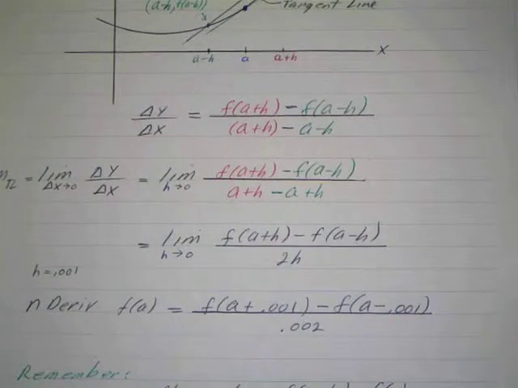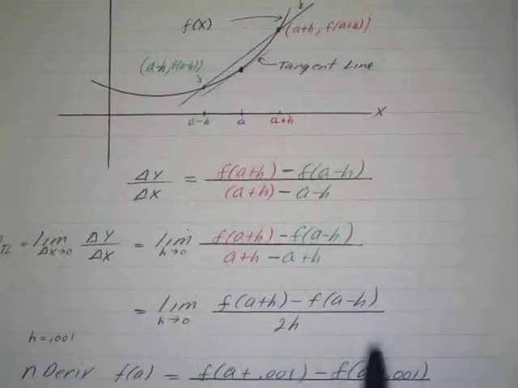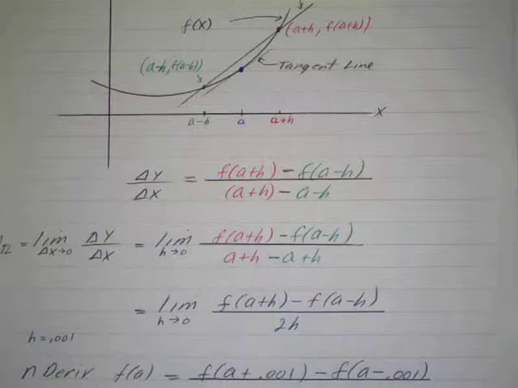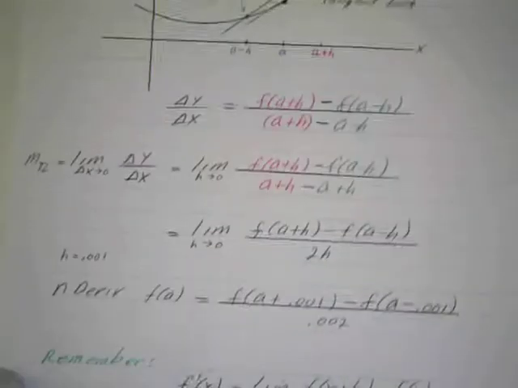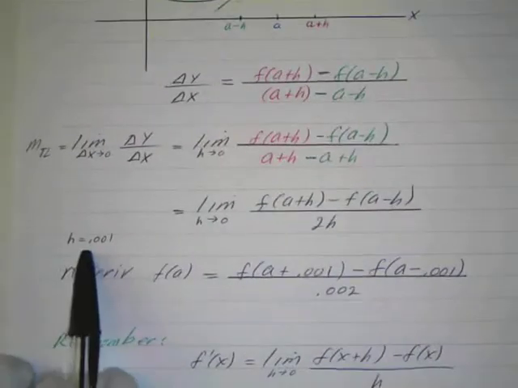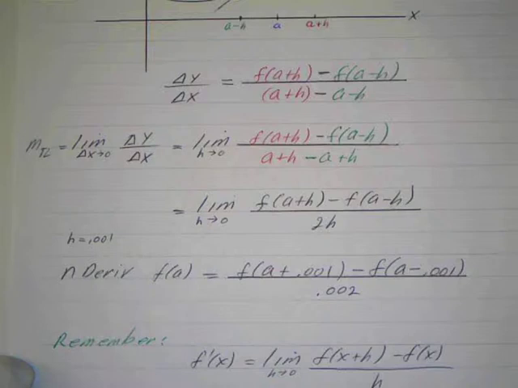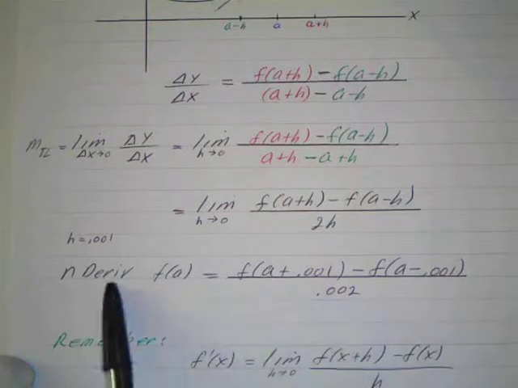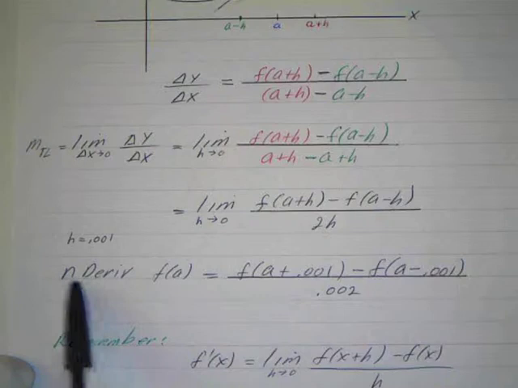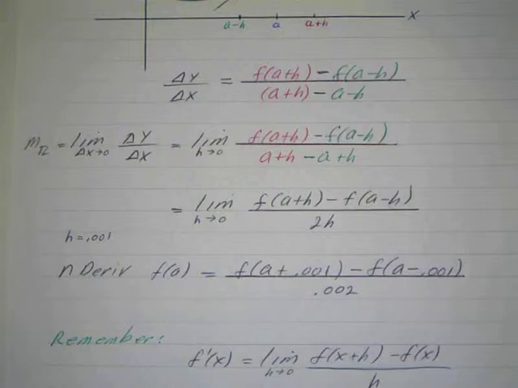Now, this works out so well that we don't really need super, super small values of h for it to work. So our calculators use h equal 0.001. If we look up our calculators, we use NDERIV, that means the numerical derivative. Then our calculator works it out like this.